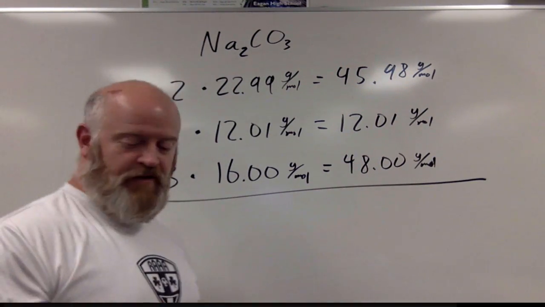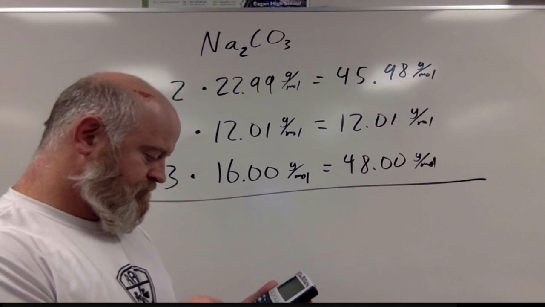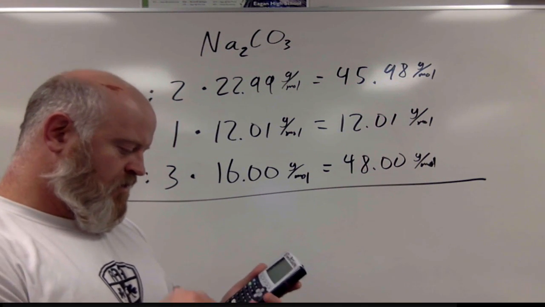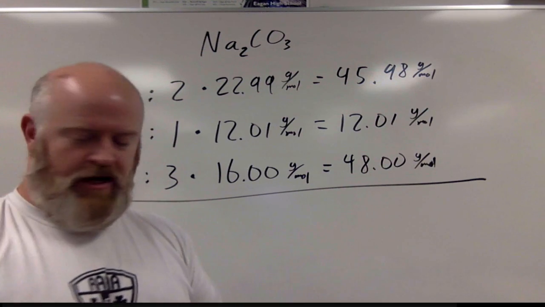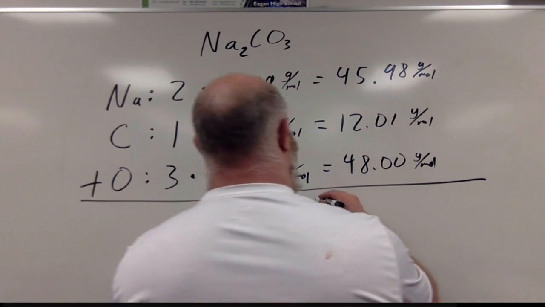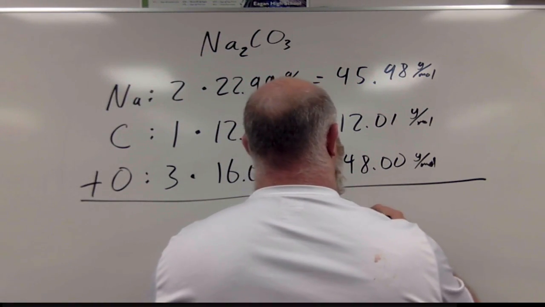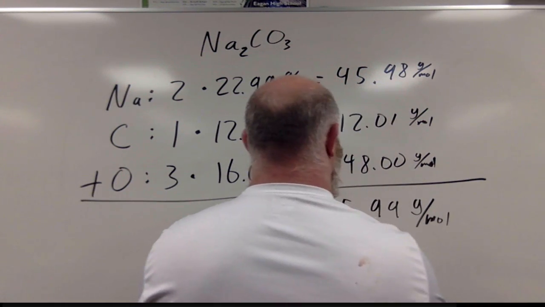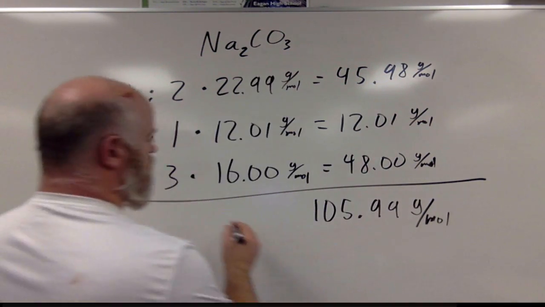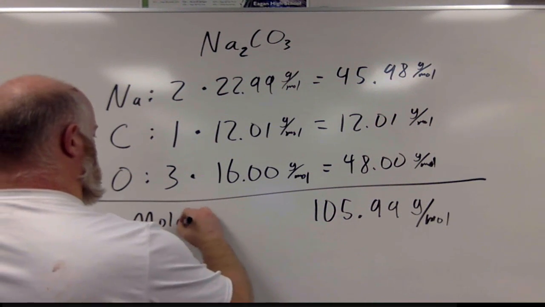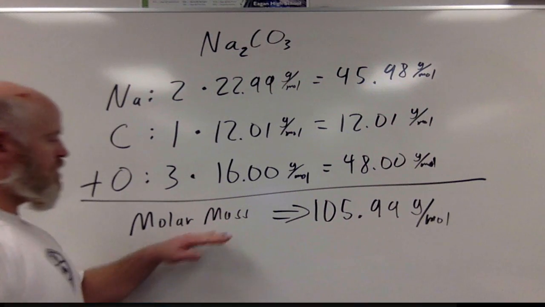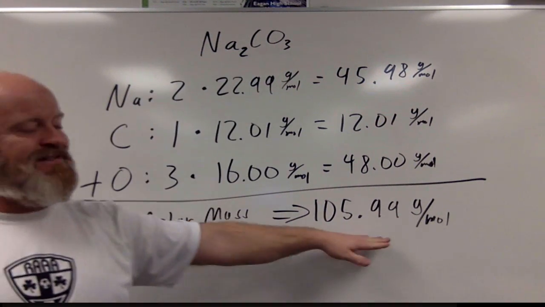So 45.98 plus 12.01 plus 48, and I get a total of 105.99 grams per mole. So the molar mass of sodium carbonate is this number.